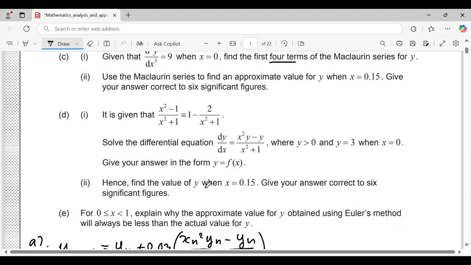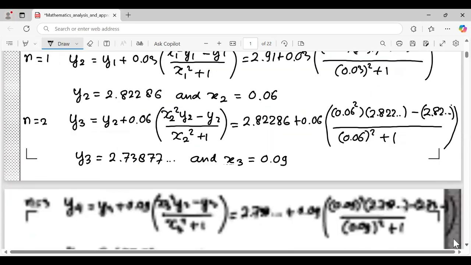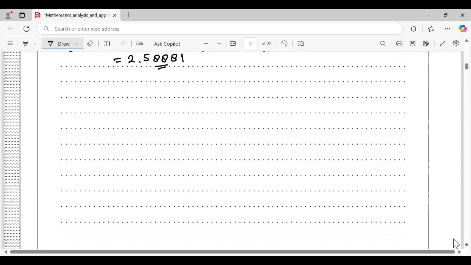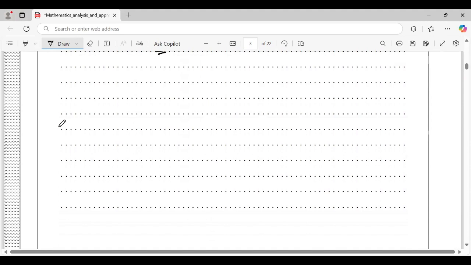Hence, find the value of y when x equals 0.15. Same with this one. Give your answer correct to 6 significant figures. Part D, part 1.